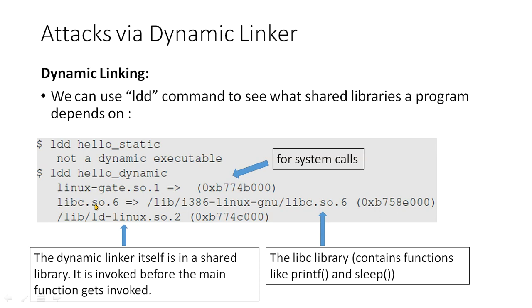This is exactly where the printf function is. So this library contains all the basic input and output libraries of a C program. And another one which is missing is the dynamic linker itself. So when we run a dynamic program, it first locates the dynamic linker, and the dynamic linker will try to link the libraries in libc here to our program.